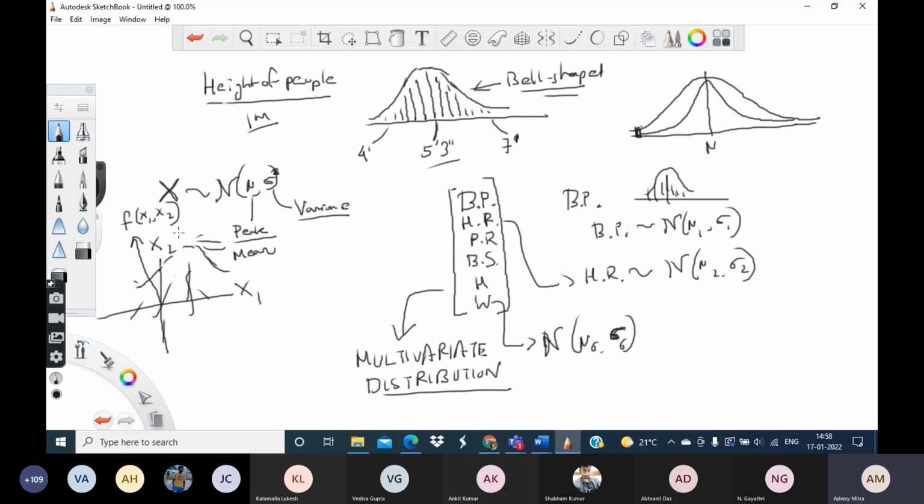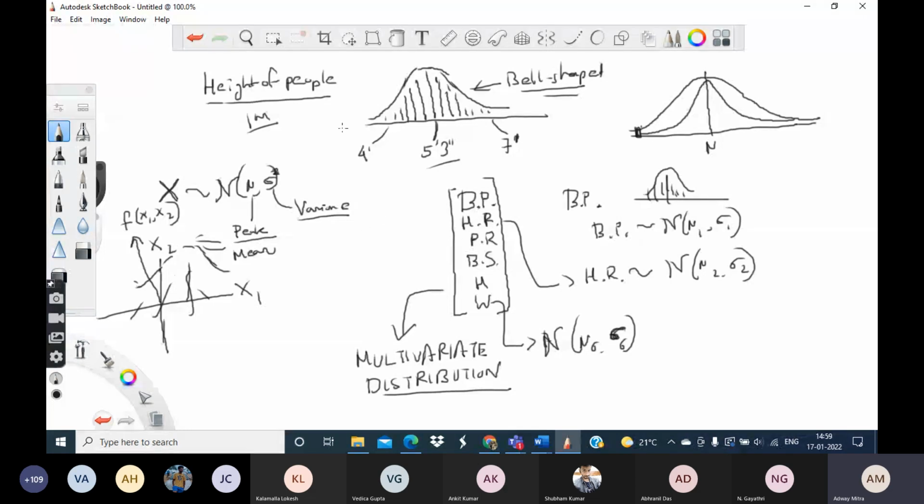Similarly, instead of considering two attributes, we can consider say 6 attributes, as we are saying in this case. If you consider that 6-dimensional space, which of course we cannot visualize easily, what it basically means is that the bell-shaped curve which we can easily understand in one dimension is now like a 6-dimensional bell-shaped curve.